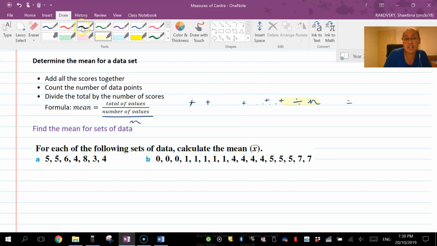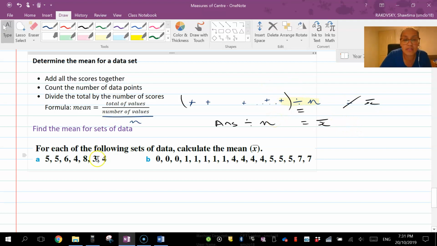So I suggest that you either put everything in brackets, then divide by the number you have, or do it in two processes: add them all up together, then go equals, then go answer divided by the number of scores you have. That gives you your mean, this x bar, this symbol here. That will help you out considerably, because if you forget this, it does not equal the mean. I mean, it does when you put brackets around it.